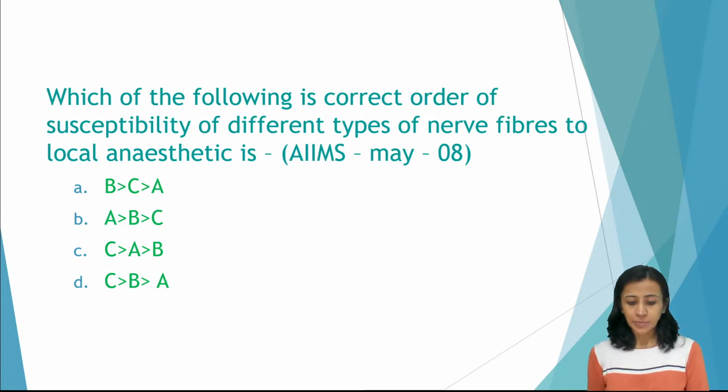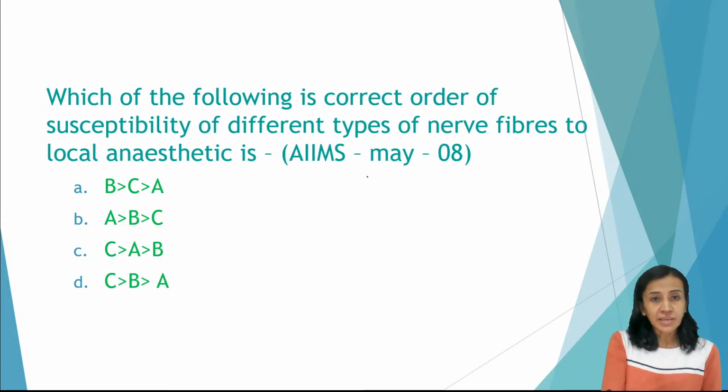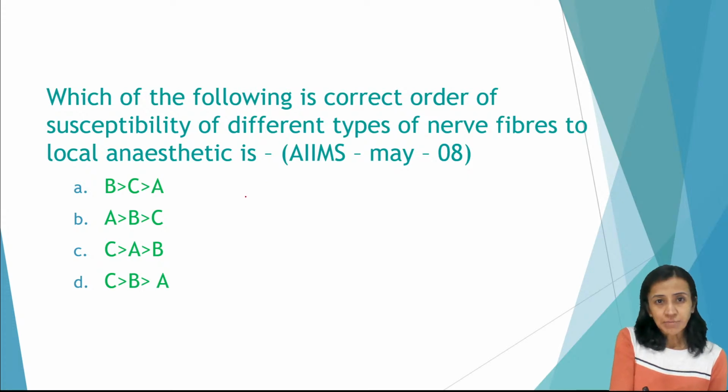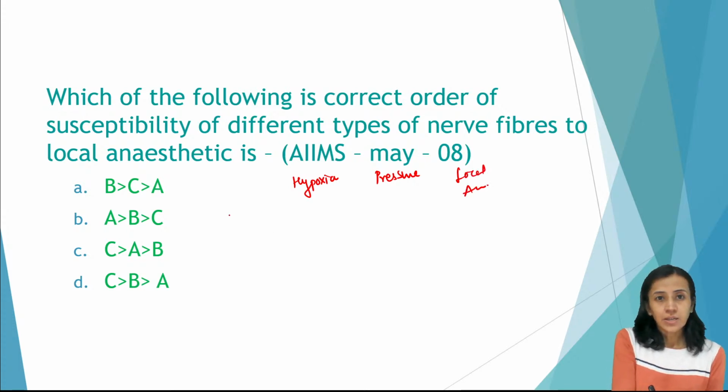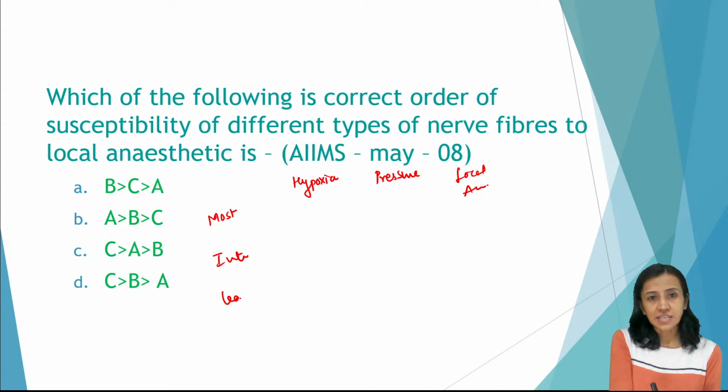Okay, let me explain here. We can make a table for susceptibility to hypoxia, pressure and local anesthetic, with most susceptible fibers, intermediate susceptible fibers, and least susceptible fibers.